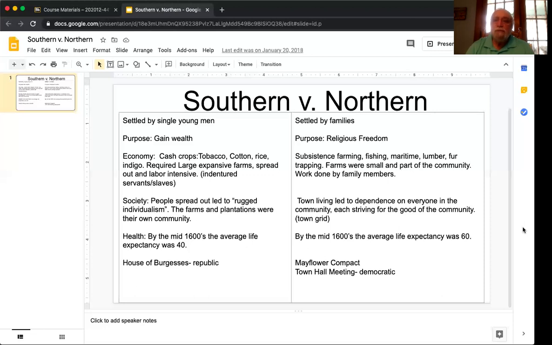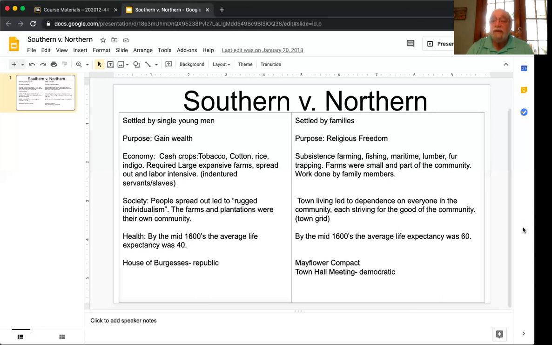In terms of the governance in the New England area, it was based on the initial governments that were created actually on the ship as they sailed to the New World.